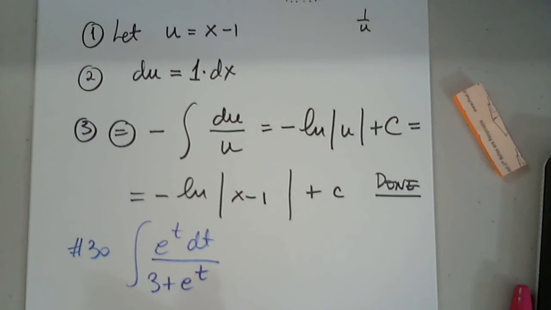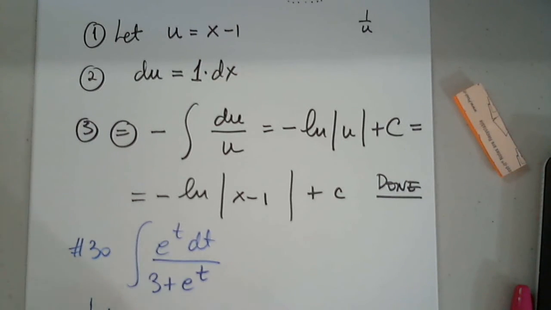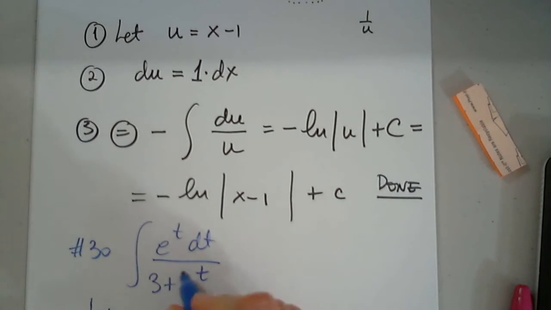Okay. Step 1, we let u be something. What would you let u be? And why? Did you say 3 plus e to the t? Yes, of course. I don't like denominators like this because I cannot split them, I cannot simplify them, that's it.